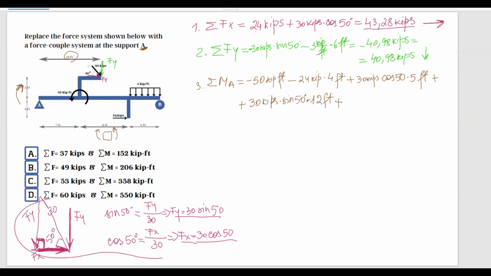So I'm going to have plus 3 kip per foot multiplied by 6 feet. So now I have the resultant force for this distributed load. And I have to also multiply it by the arm, which is 15 plus 3. I get 18 feet. And I have no more forces.